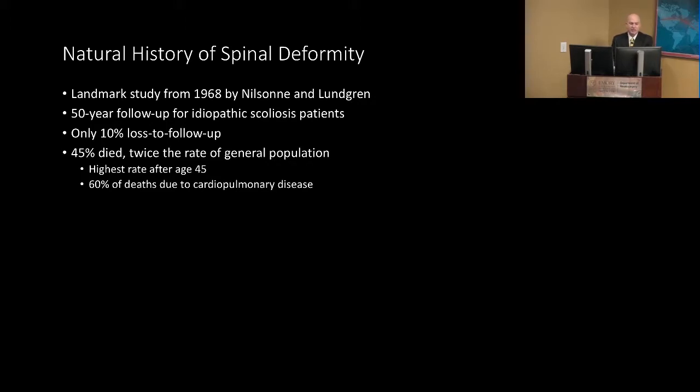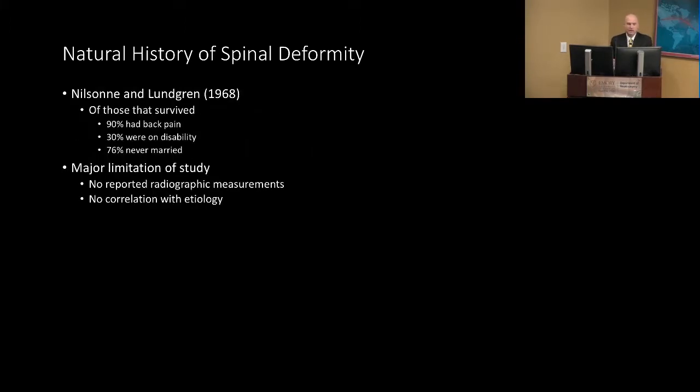The highest rate of death occurred after the age of 45. 60% were due to cardiopulmonary disease. Of those that survived, 90% had back pain, 30% were on disability, and I guess in 1968 this was a key consideration, especially since the majority of this population were female. 76% never married, and thus were societally incompetent or something like that.